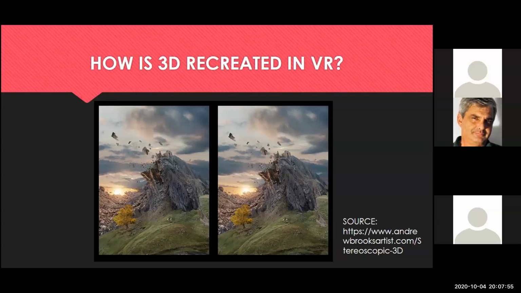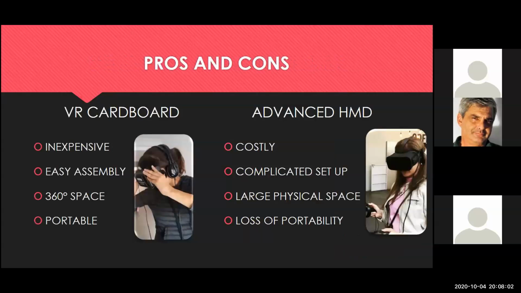So apart from the smartphones that support VR technology, what you also need is headsets. Now, there are different kinds of headsets that you can acquire. You have the VR cardboards, and you have the more advanced head-mounted displays. When it comes to integration of VR in the classroom setting, the VR cardboard is the one that is more affordable.